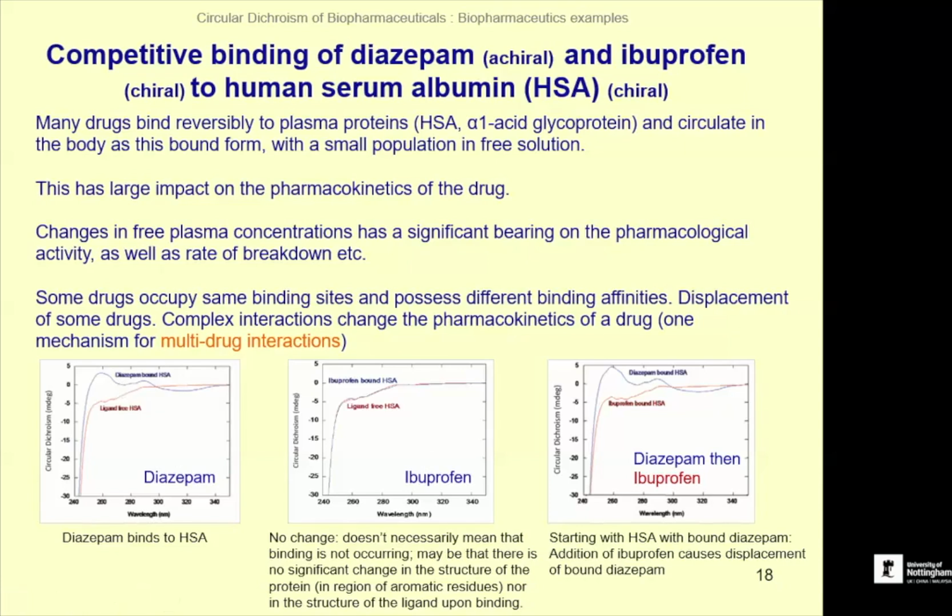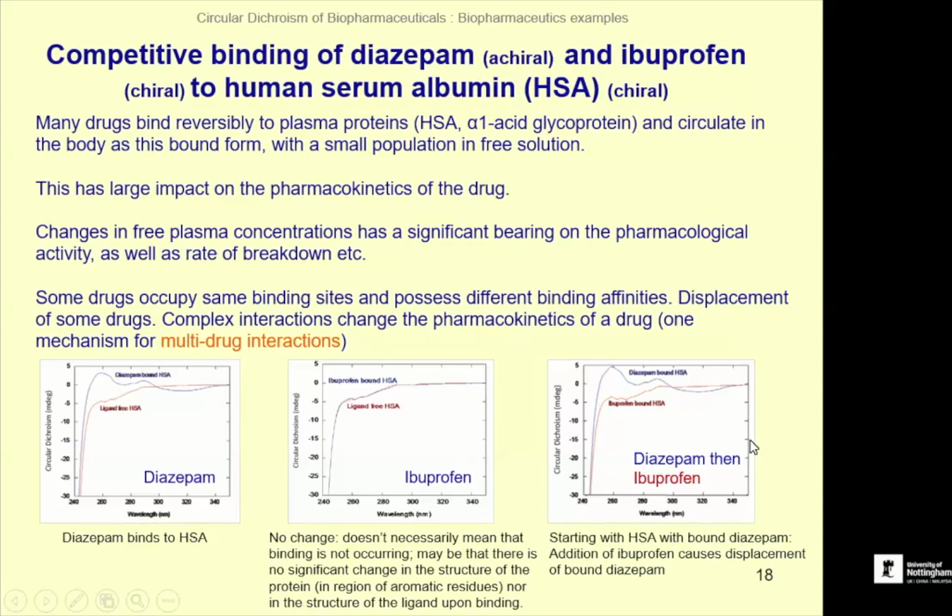Diazepam changes it, but ibuprofen doesn't affect the aromatics, but diazepam does. So there could be two reasons for that. It could be that they bind at different places, or they're having a different effect on the molecule in some way, affecting the aromatics just because of their chemistries. So we can't be sure that they're binding to two different places.